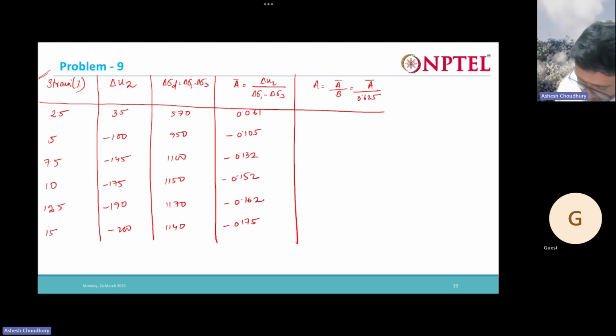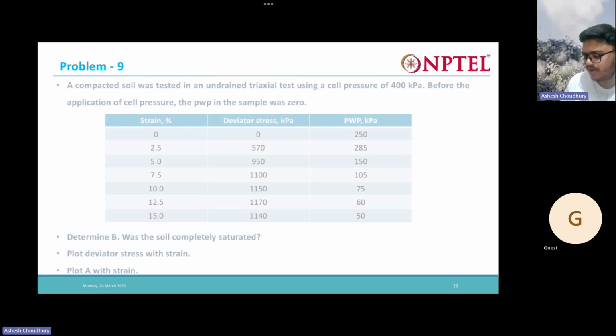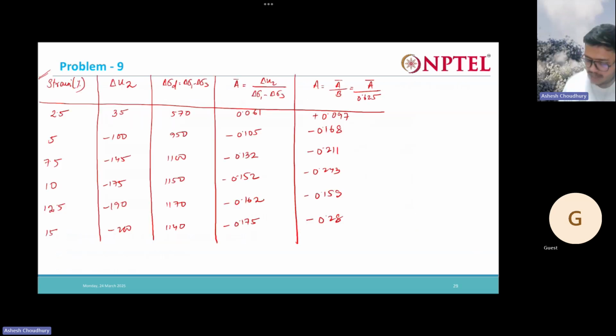Now A I can find from A bar: A bar by B will give me my A. So quite simple, directly all the values are given. Just plot correctly, and then you can plot your strain with respect to A. You will get something like this that you can do by yourself. That's all.